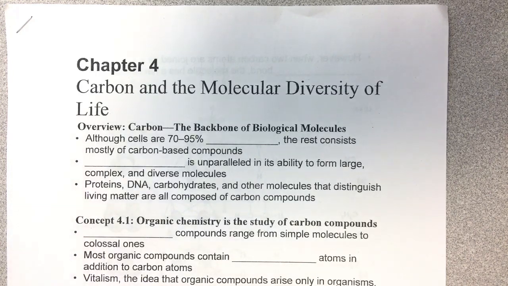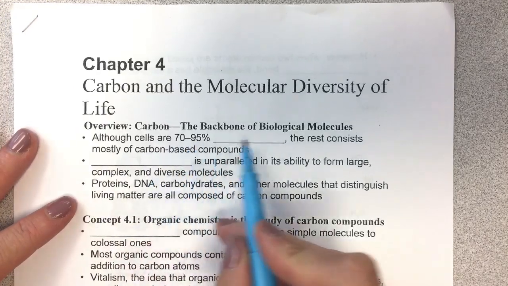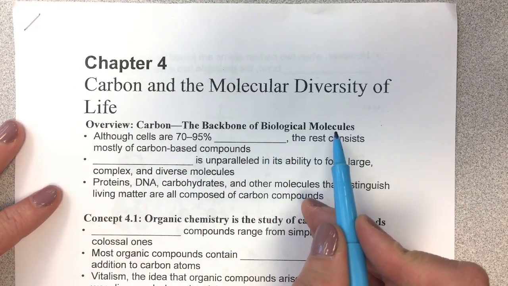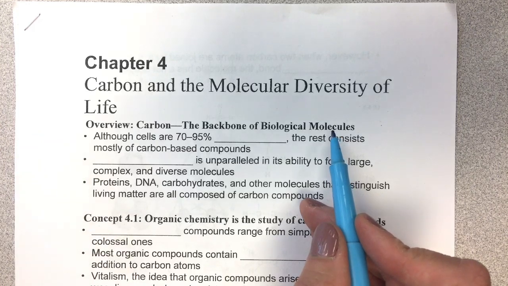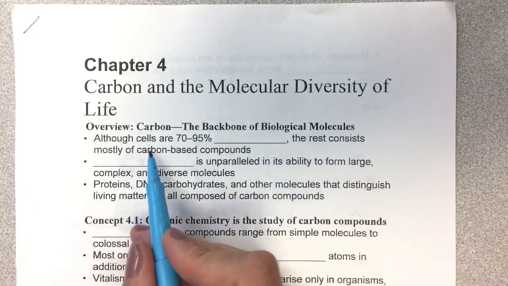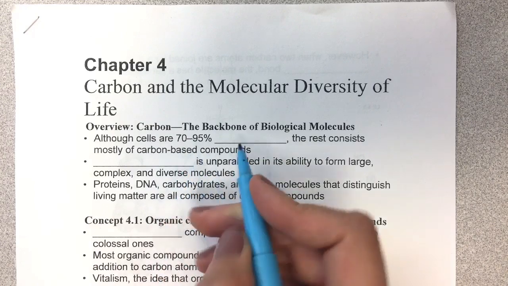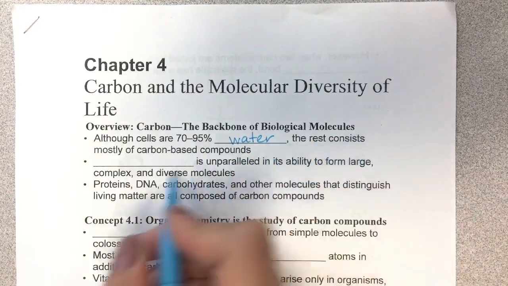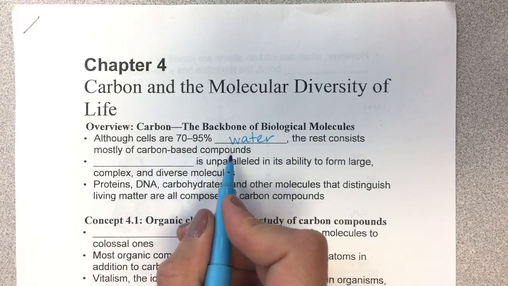So the overview about carbon. Carbon is the backbone of most biological molecules. And so when we look at DNA and carbohydrates and proteins and lipids and so on, it's a big element. So although cells are 70 to 95% water, we learned that last chapter, the rest consists mostly of carbon-based compounds, as I just said.